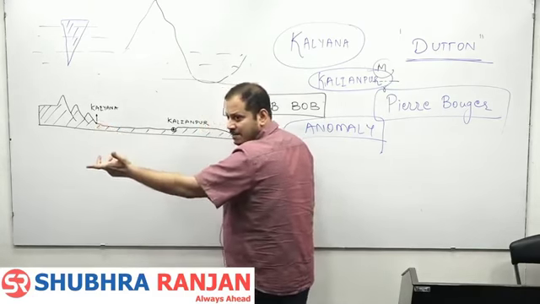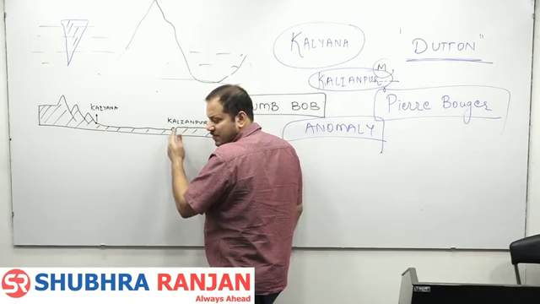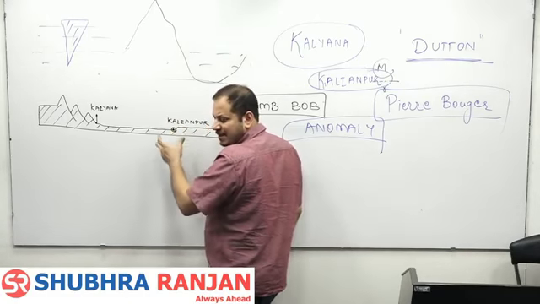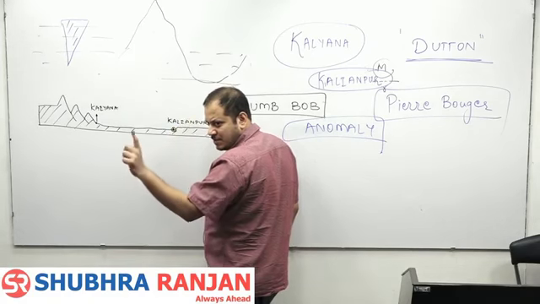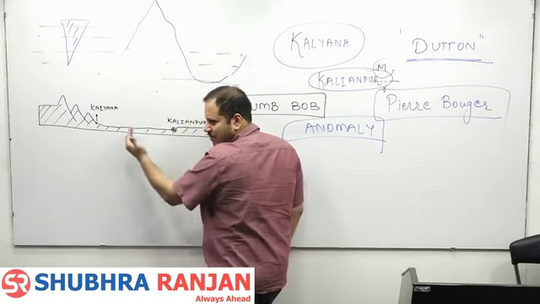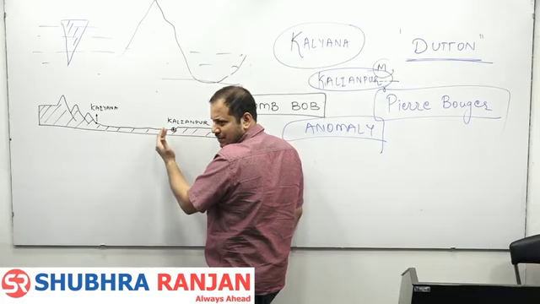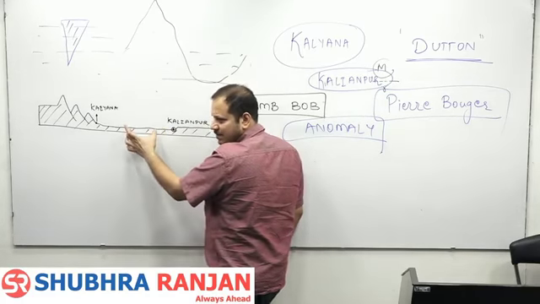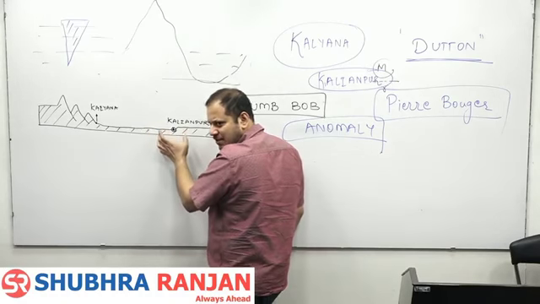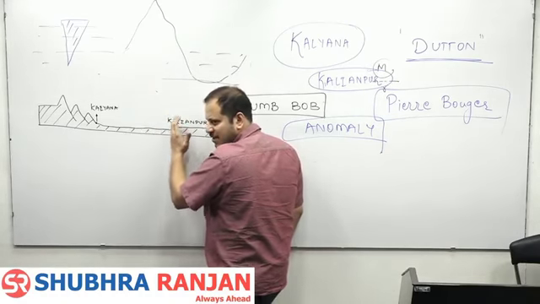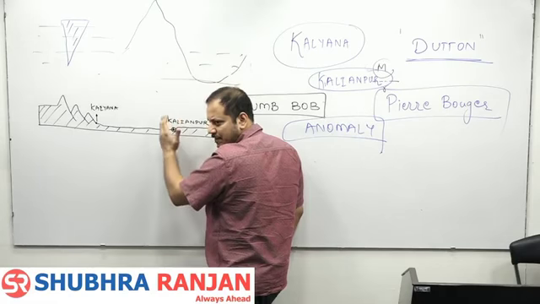Here the deflection was more or less same as per the calculation, because gravity is inversely proportional to distance. So as he moved away from the Himalayas, the effect of the Himalayas was not there. The effect was of the plains and plateau, made up of denser rocks, so the deflection was recorded as per the actual value.